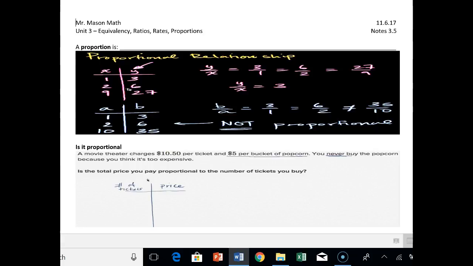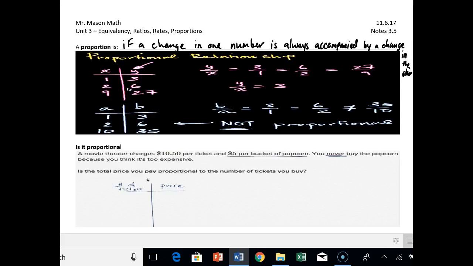So today we're working on proportions, and two variables or two numbers are proportional if a change in one number is always accompanied by a change in the other.